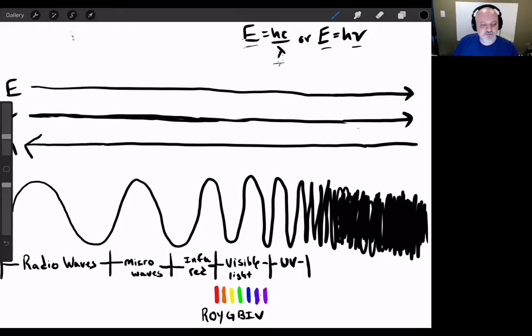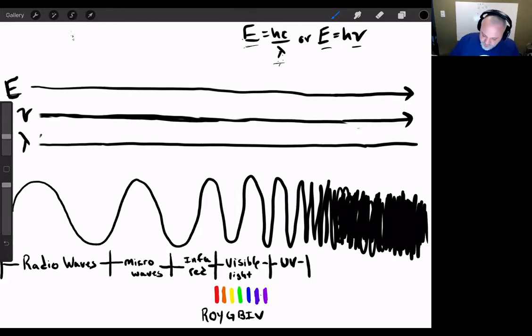And the reason is that I want you to know it in terms of how it relates to frequency, wavelength, and energy. When we draw the electromagnetic spectrum in this way, we're drawing it in the way that goes with increasing energy. And so I'm doing it this way just so that you have a consistent way of understanding all of the different relationships.